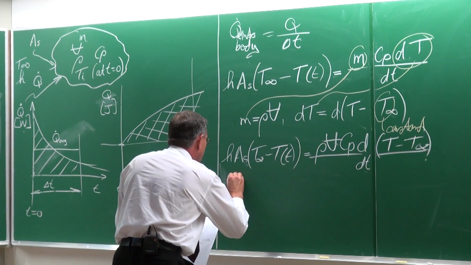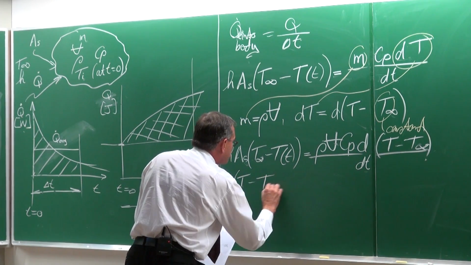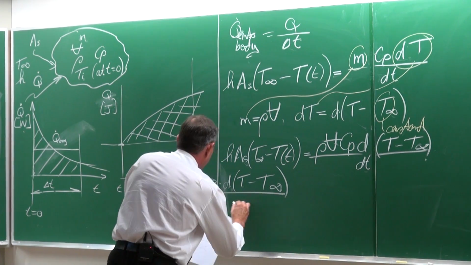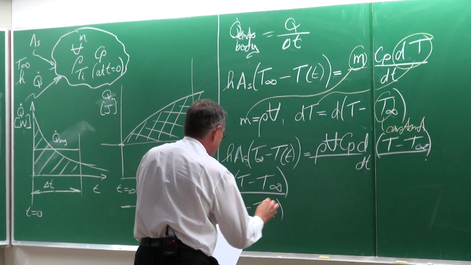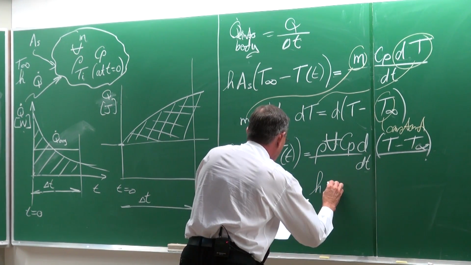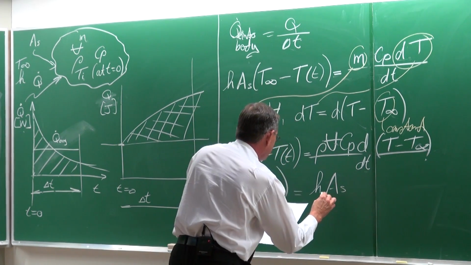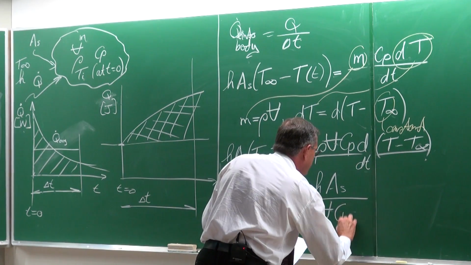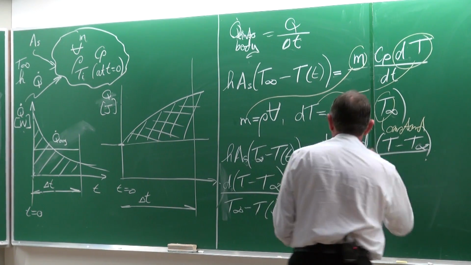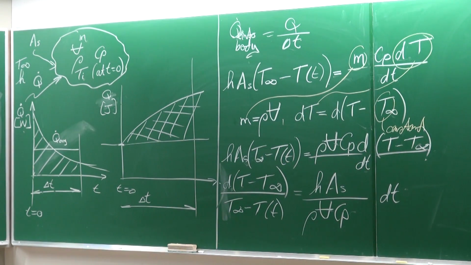That is then equal to d(T minus T infinite) divided by T infinite minus the temperature as function of time, equal to the heat transfer coefficient multiplied by the surface area divided by rho, the volume, Cp, and dt. Is that right?